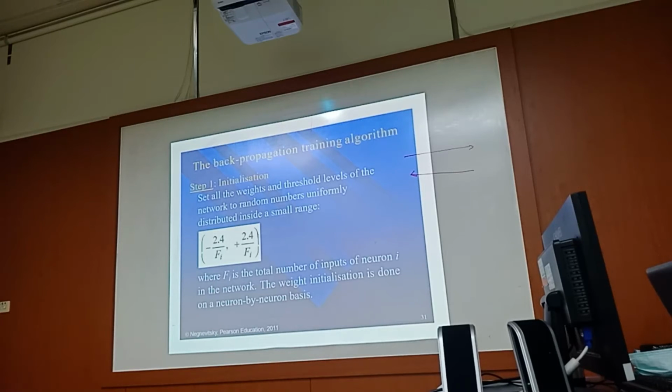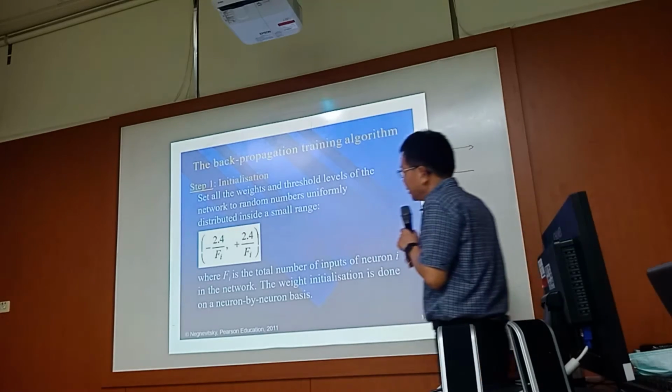The backpropagation training algorithm sets all the weights and threshold levels of the network to random numbers uniformly distributed. The weight is usually a random value.